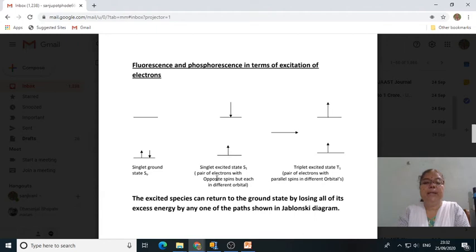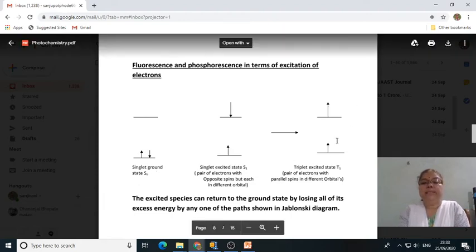Such a state is called the singlet excited state S1, a pair of electrons with opposite spins but each in a different orbital. In the ground state, a pair of electrons with opposite spin is in the same orbital, and such a state is the singlet ground state.